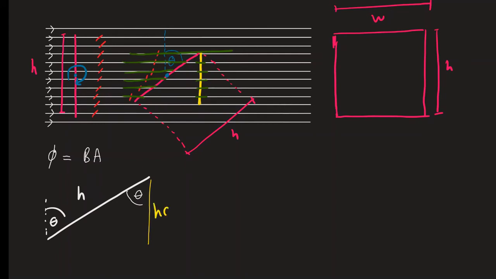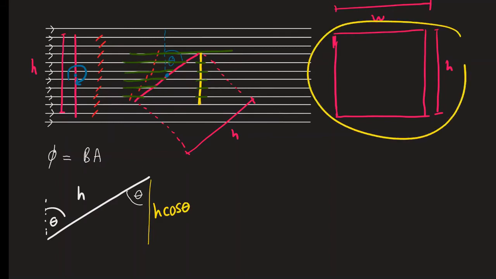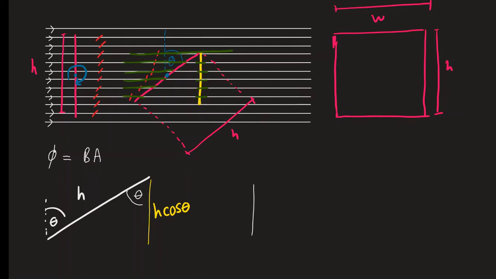So we're looking at h cos theta. If we were to draw out this loop in this type of view, the face-on view, the head-on view, it would look like this. It wouldn't be as tall as the original loop, but it would have the same width. So it's still w in width, but it has a height of h cos theta. And this is the face that takes all of the field lines through it, all of the flux.